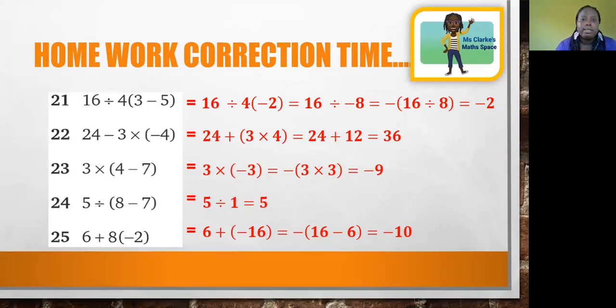Moving to question 21, we have to apply BODMAS more or less to mixed operations involving directed numbers. And it's there for you to work out. So I don't want to talk as much. I just want you all to read and go through.